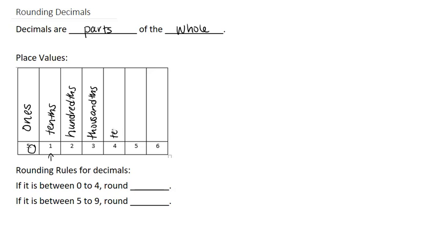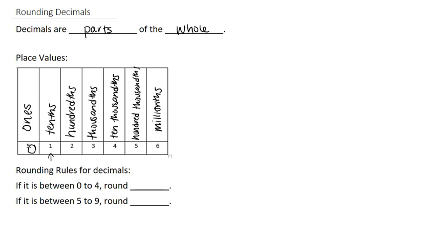Next, we go to ten-thousandths. Then we can go to hundred-thousandths. And then lastly, we have millionths. So this is how the place values go for decimals.